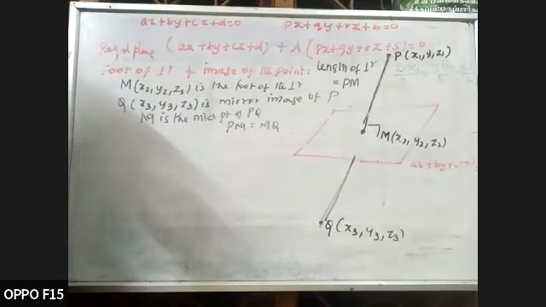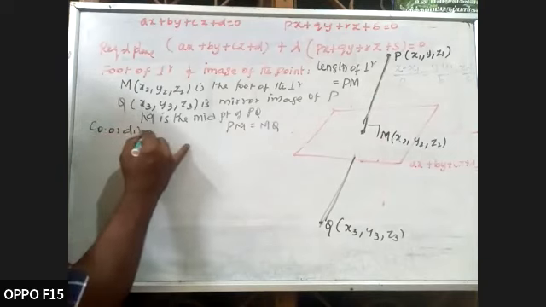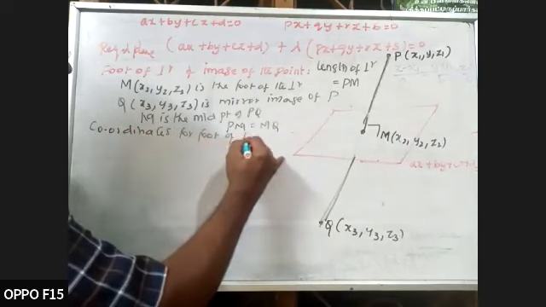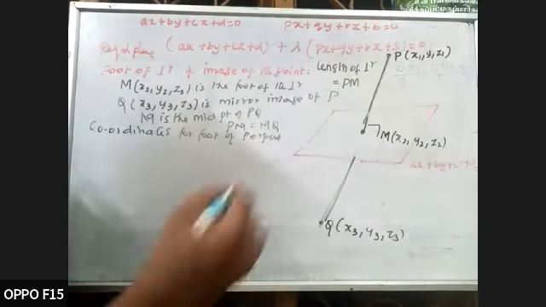Now we can find the foot of perpendicular M and the image x3, y3. How? The coordinates for the foot of perpendicular: how can I find x2, y2?